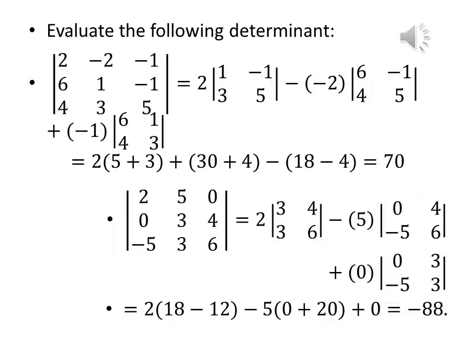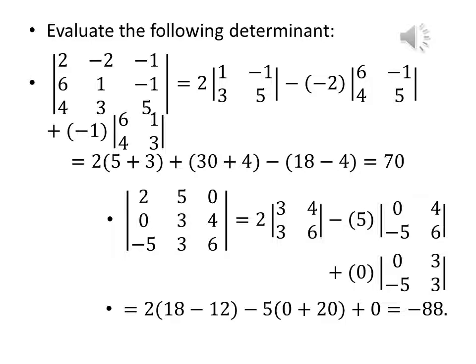We get the determinant 6, negative 1, 4, 5. That's the value. Plus negative 1, cancel first row with third column. We have 6, 1, 4, 3. We get the value here. So the value of this order 3 determinant is equal to 70. With the same kind of problem, another determinant: 2, 5, 0, 0, 3, 4, negative 5, 3, 6.